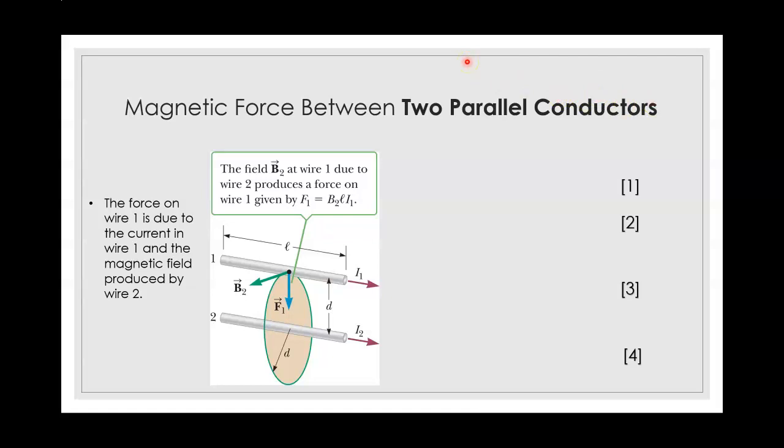As we seen here, magnetic force acts on a current carrying conductor when the conductor is placed in an external magnetic field, because a conductor carrying a current creates a magnetic field around itself. It is easy to understand that two current carrying wires placed close together exert magnetic force on each other.